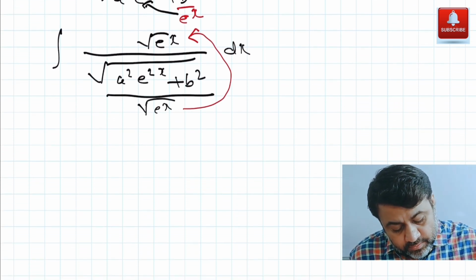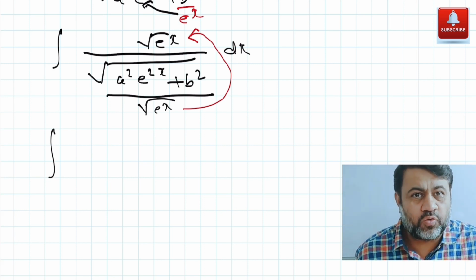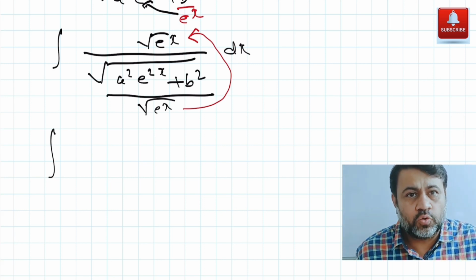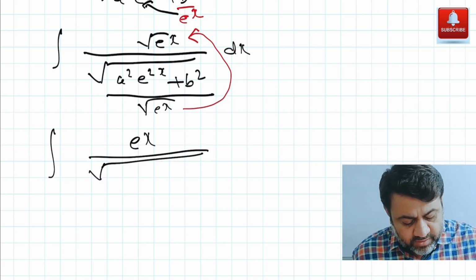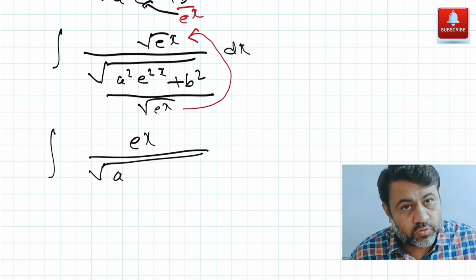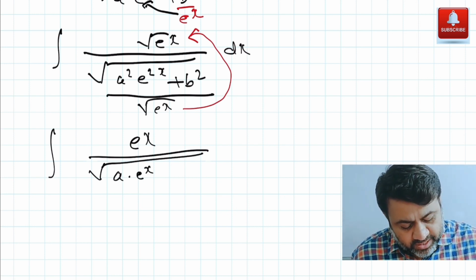What we get finally is root e power x and root e power x. It's like root 5 into root 5 multiply करोगे तो 5 आएगा. So root of e power x and root of e power x will give you e power x. Everything divided by square root of a square e power 2x. So I'm just going to write this as a e power x the whole square plus b square.